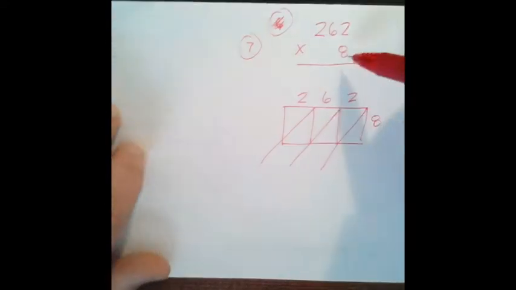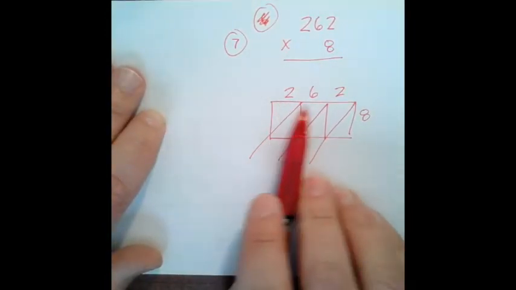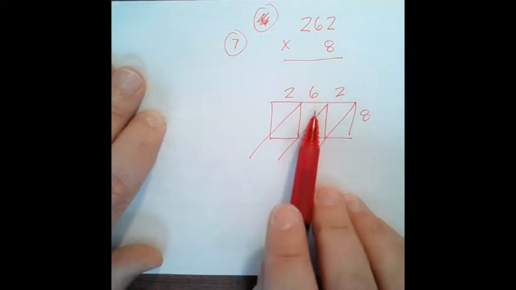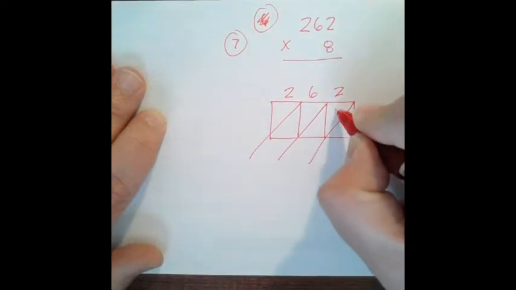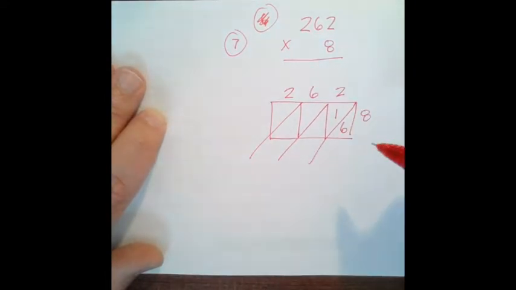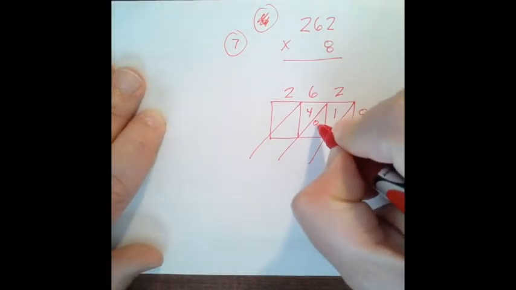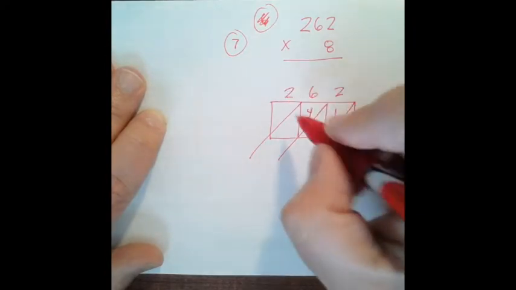So it was 262 times 8. I went ahead and built my 3x1 array with my lattice, 2, 6, 2 for 262 and your 8 on the side. So 8 times 2 is 16. Put your 1 there and your 6 there. 6 times 8 is 48. Put my 4 and 8 here. 2 times 8 is again 16.